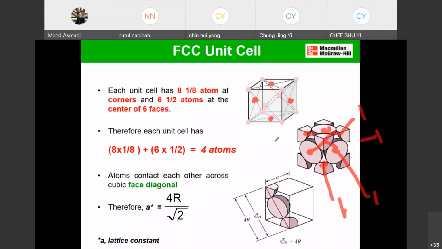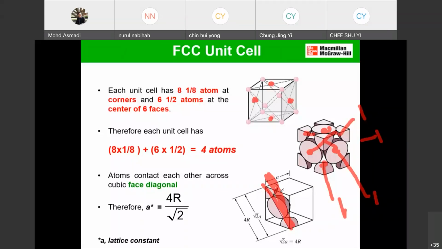Coordination number, you have to remember, is equal to pair. Later we see the video. If atoms contact each other across cubic face diagonals. This one, across. If for the simple cubic, it is along the cube edge, right?